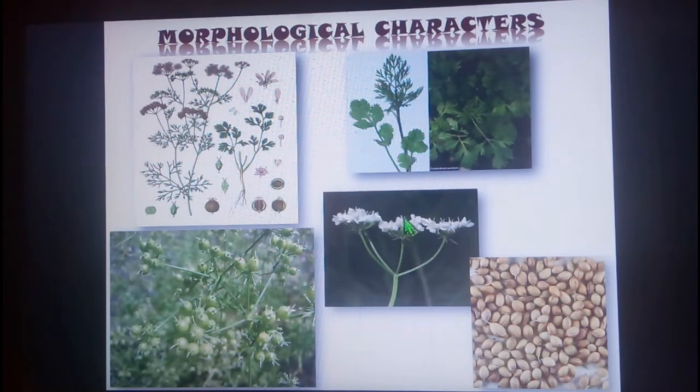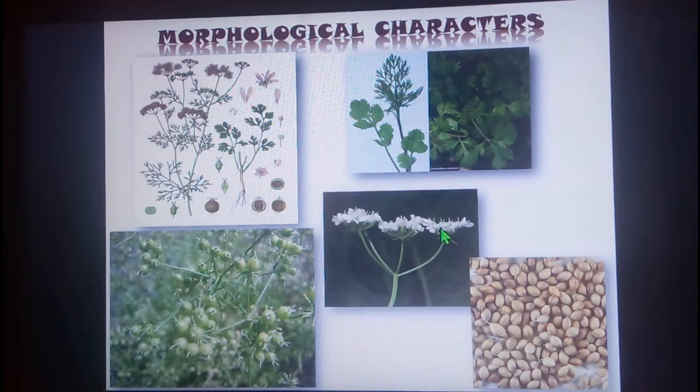And the inflorescence is umbel. That means you can see here the stalks of the flowers are nearly equal in length. The flowers arise from a single point, from a common center. This arrangement is called umbel.